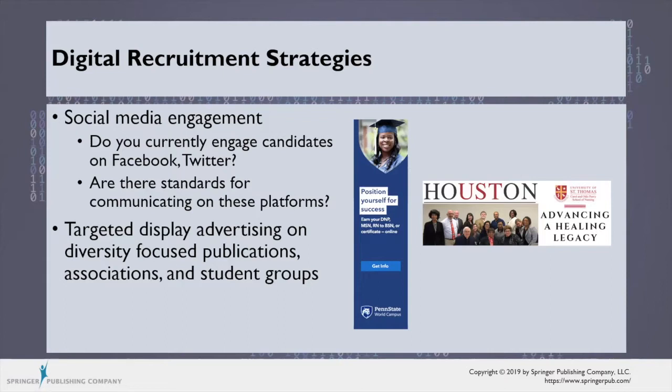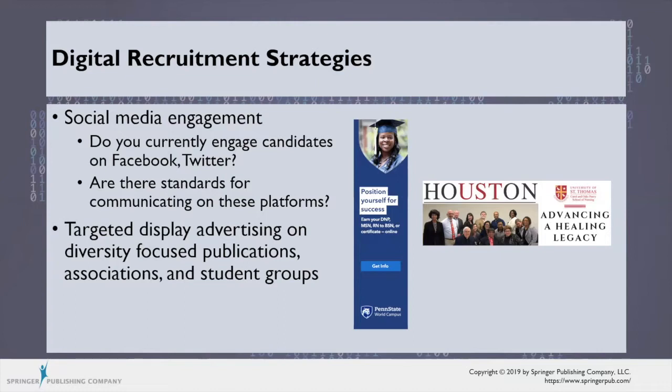So I just wanted to encourage you that when you're devising a social media strategy, whether it's Facebook, LinkedIn, or Twitter, the given is being there. So having a Facebook page, having a handle on Twitter or Instagram. But the key metric that I think you should consider, especially when creating an inclusive environment, is engagement.